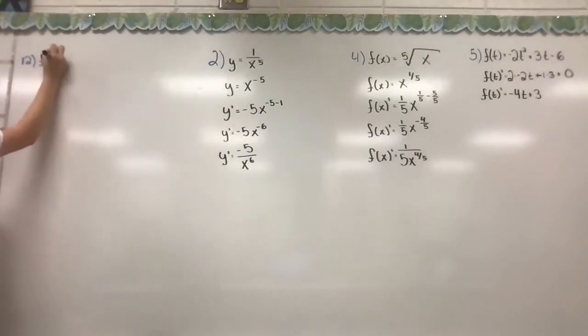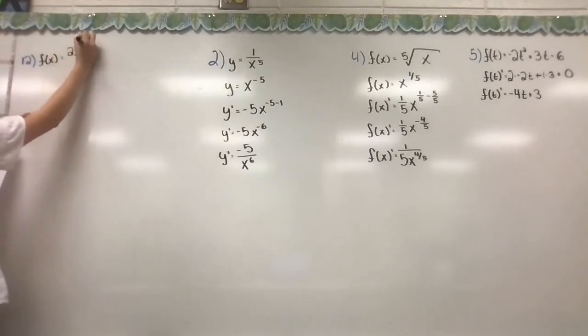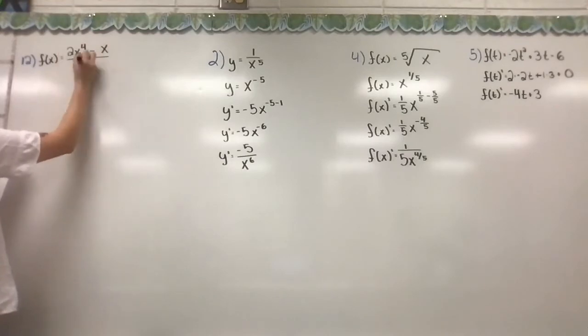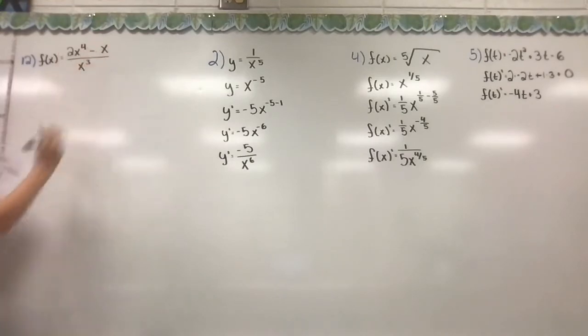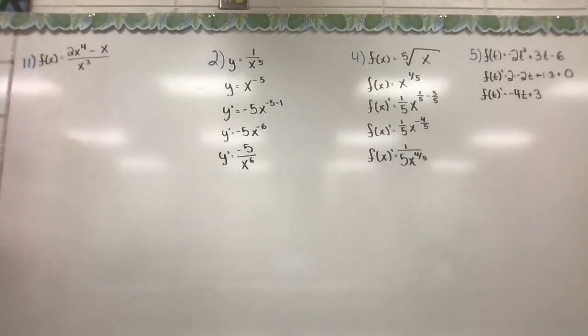So this one says f of x is equal to 2x to the 4th minus x over x cubed. So how are we going to rewrite this before we take the derivative?